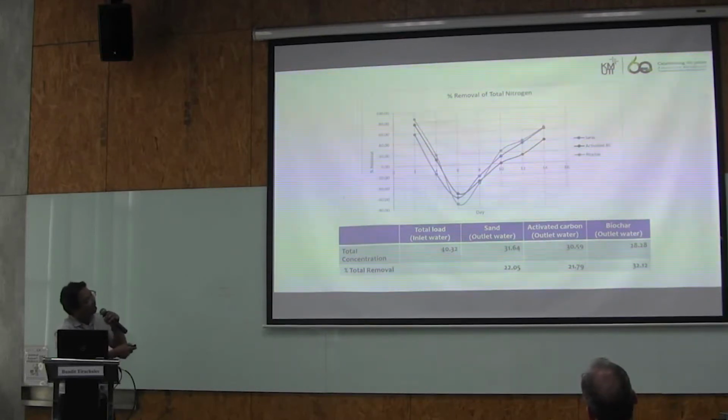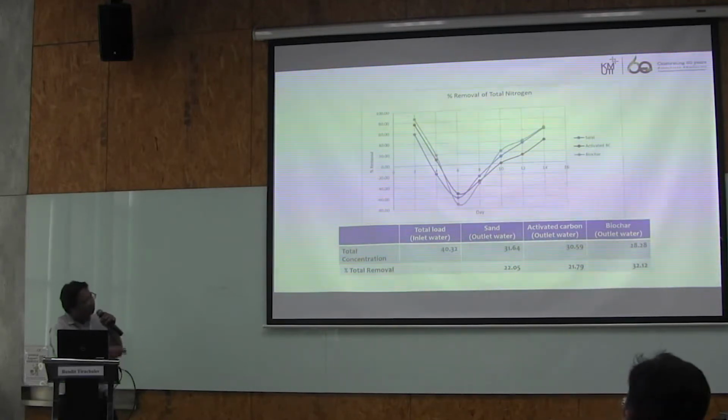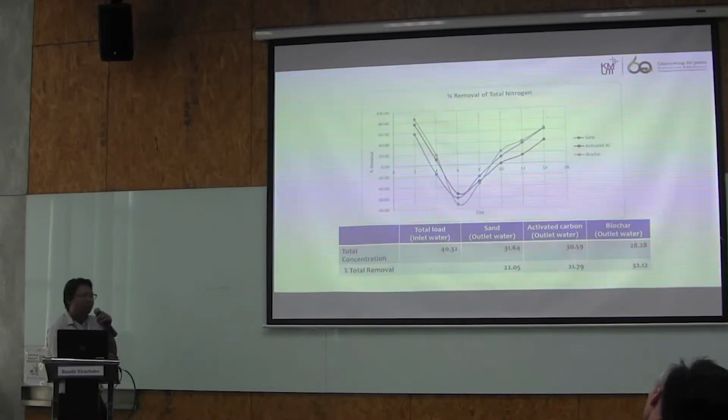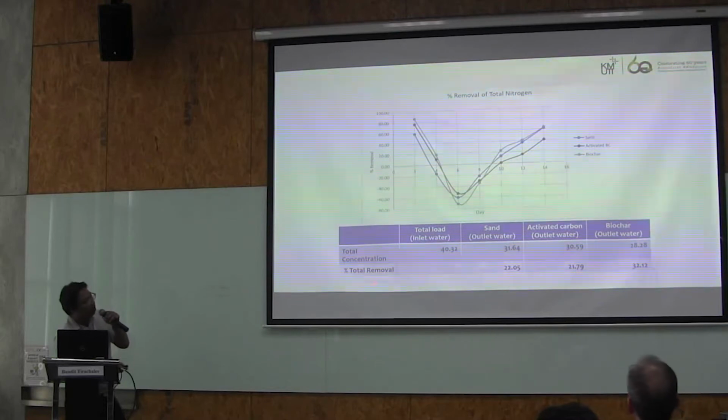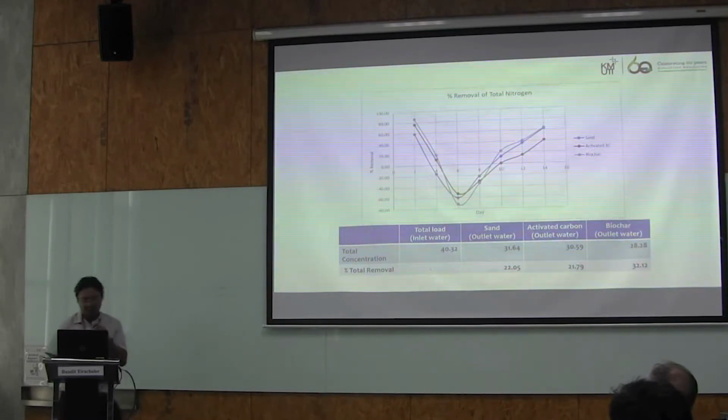After 6 days, the removal increased. I think the reactor recovered after that. The total removal is shown here. The best is the biochar mixed with sand reactor, with an efficiency of about 32%.